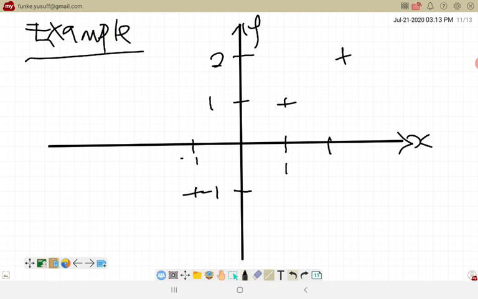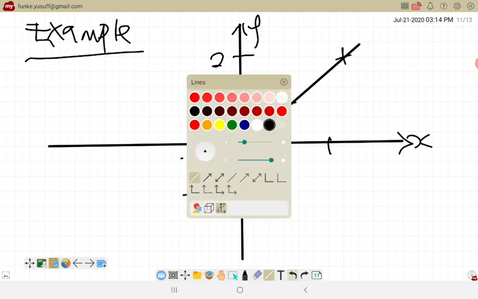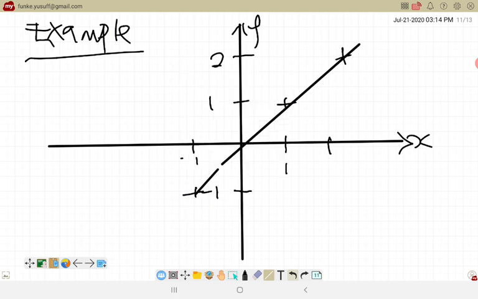So plotting the graph of this relation, we have something like this. Okay, so consider this relation. So let's draw a vertical line. So now draw a vertical line.